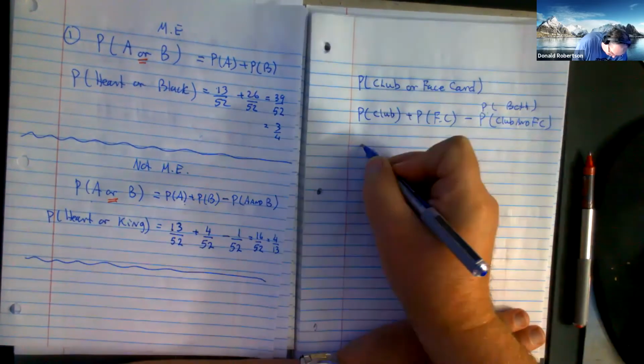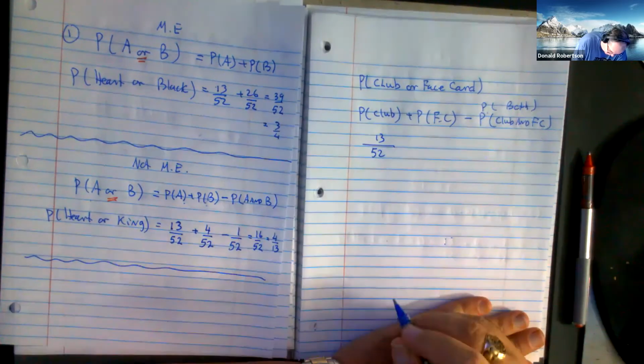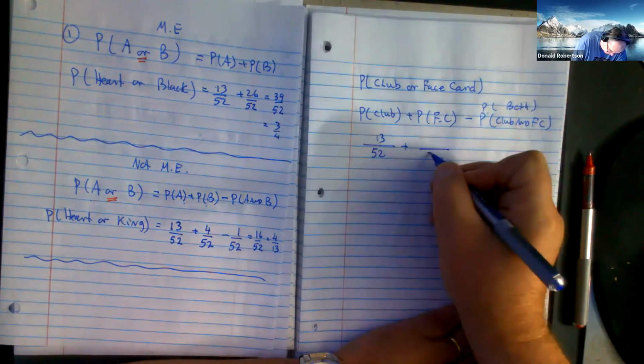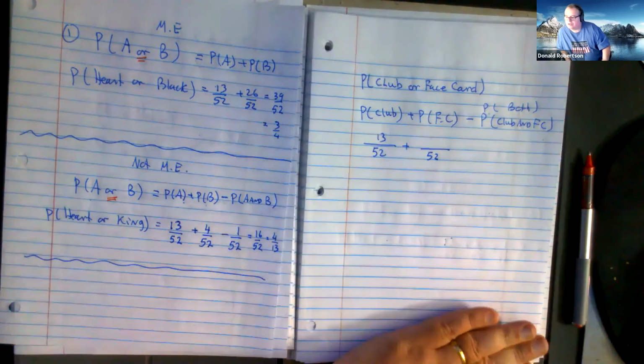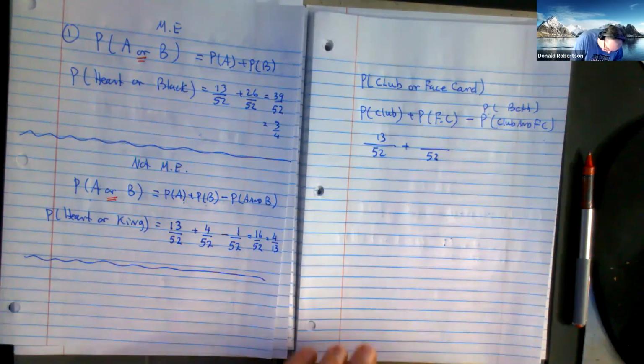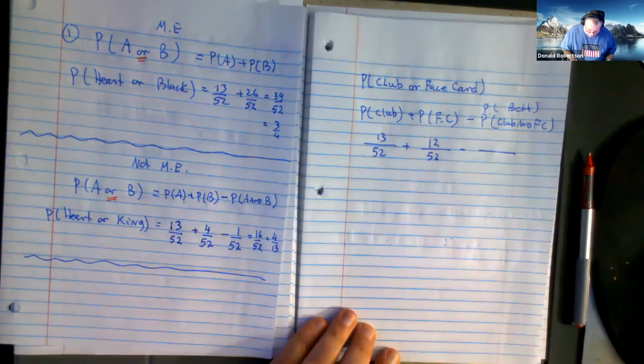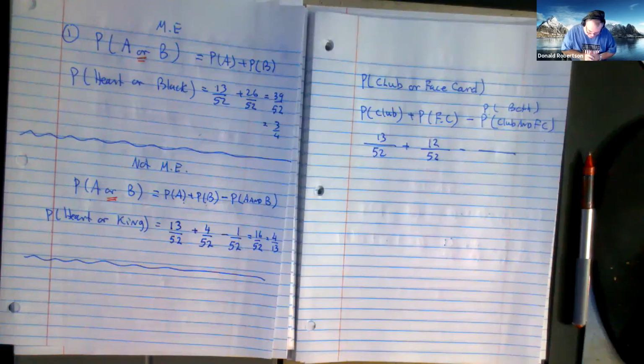Now, I know how many clubs there are. There are 13 out of 52. Great. And I know how many face cards there are. Hopefully you can remember, isn't there 3 from the diamonds, the clubs, the hearts, and the spades? So there's 12 of those. Now, what's the chance that you get a club and a face card?